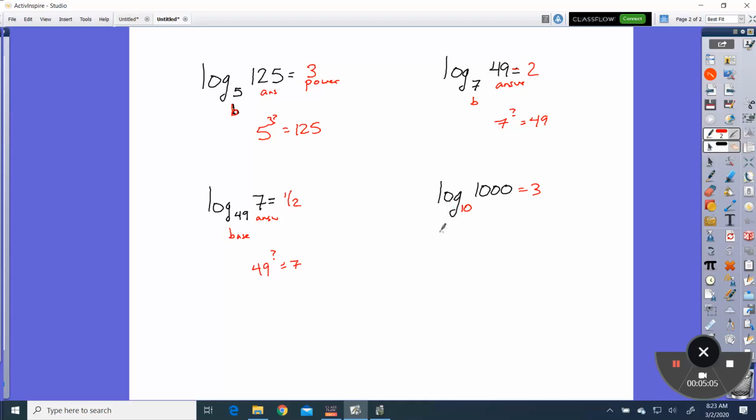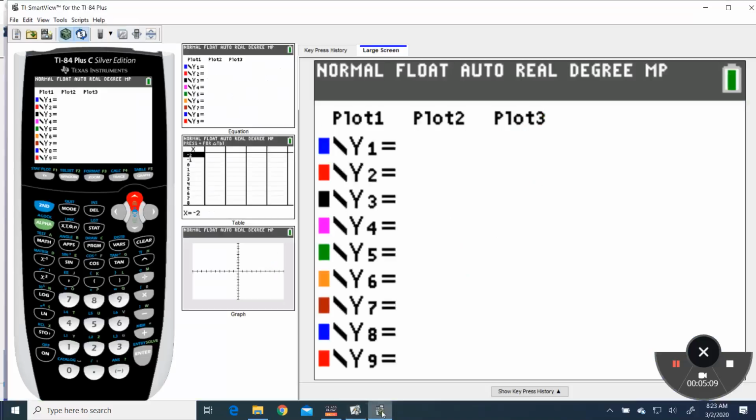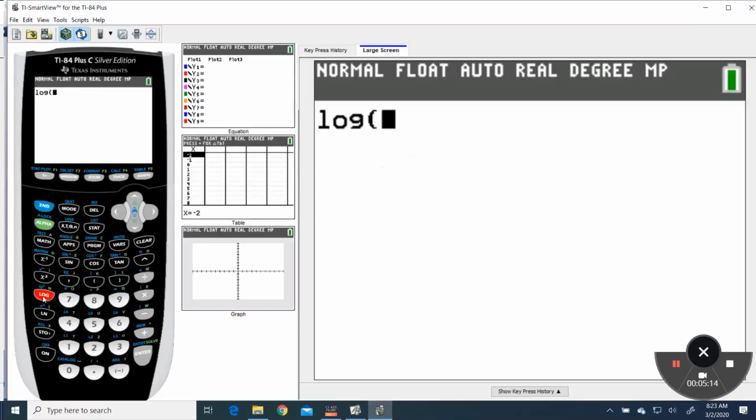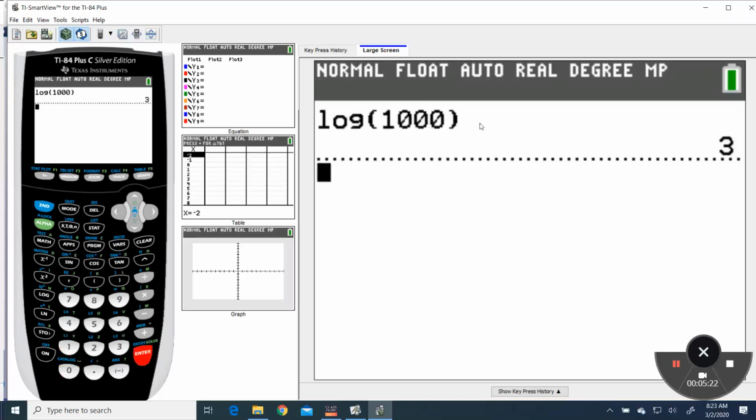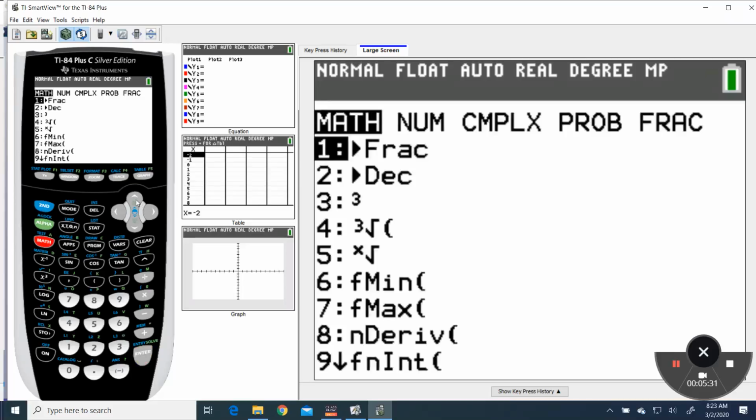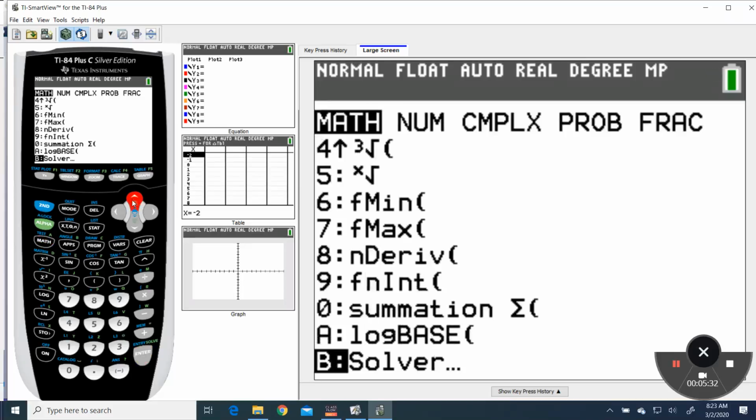So on your calculator, if you look, there's the log button without a base, right? And if I were to take my calculator and type log 1,000, it gives me that it's 3. Now on the other ones, if you hit math, and the short way is to go up instead of down, A has log base.